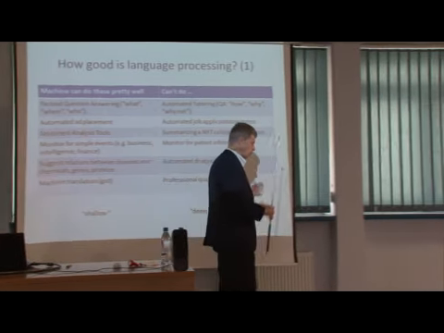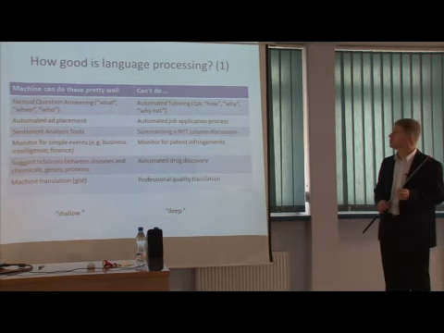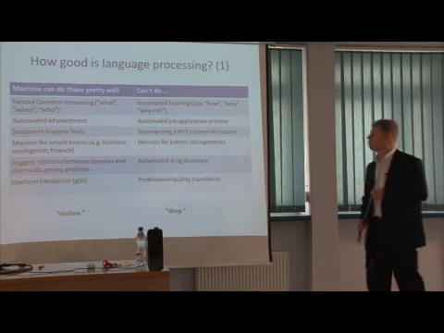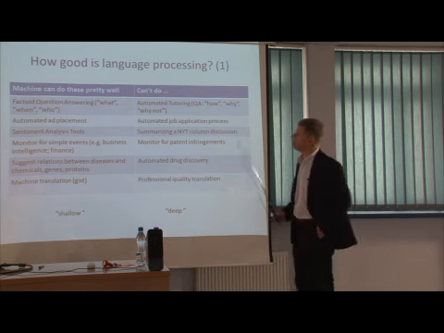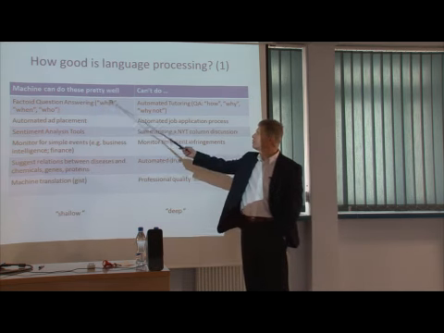So we've seen these examples. We're going to see some additional examples later, but let's just summarize what machines can and cannot do, to provide a relatively complete view of the field. So machines can do these pretty well.